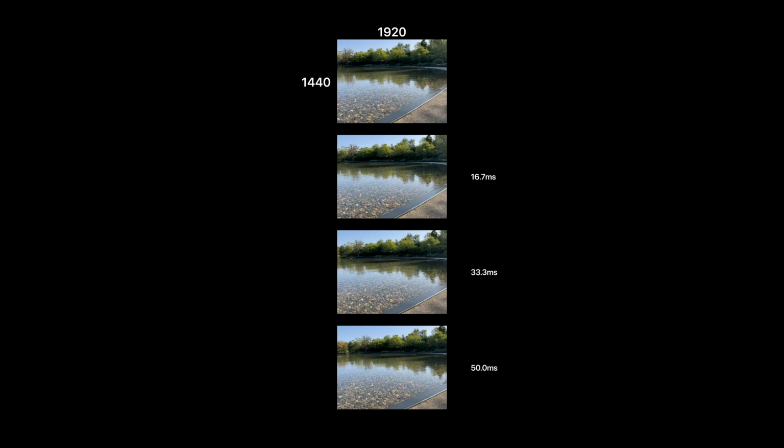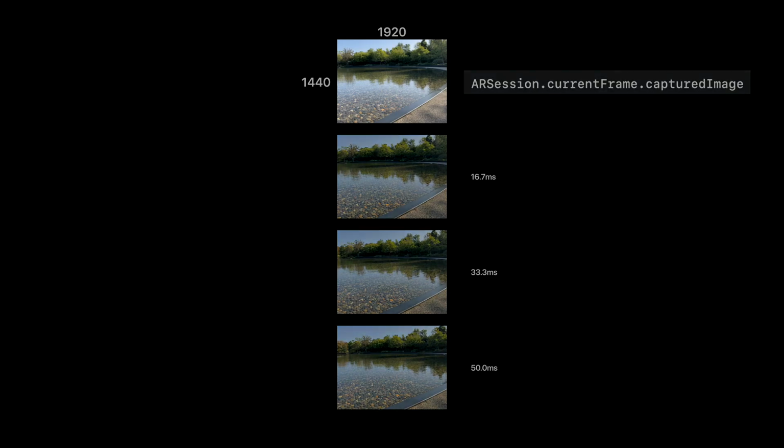After using the current frame for various computer vision tasks, ARKit surfaces the current frame for rendering. In case you're writing your own Metal renderer, you have access to it via ARSession's currentFrame capturedImage. If you're using RealityKit, the image is automatically processed further for use as a backdrop.